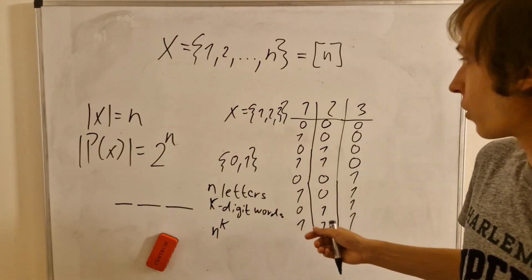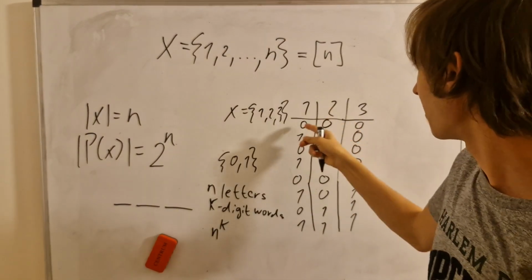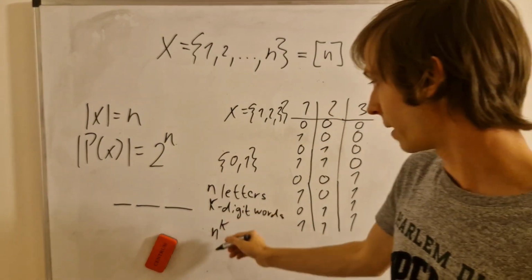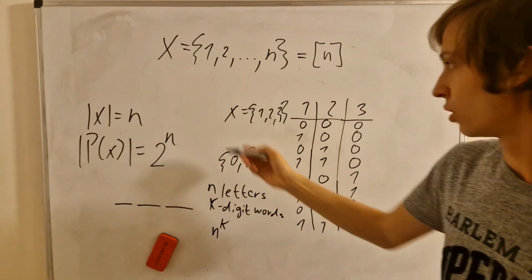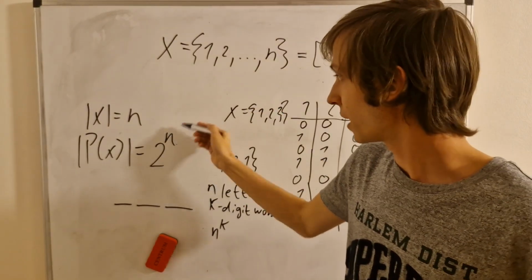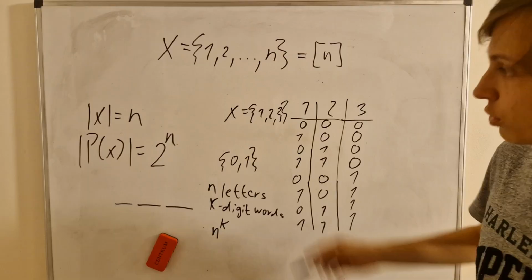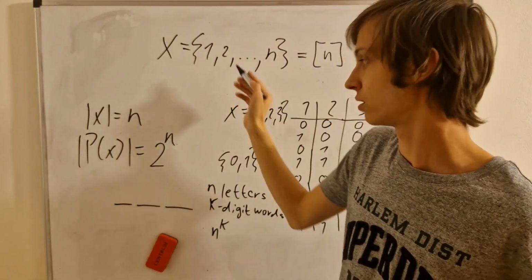And because we only have 2 letters here, either that element is not there or it is there, represented by the zeros and ones, therefore the base of this exponential term is always 2. And then the n comes directly from the amount of elements of the original set. So the amount of elements in the power set is 2 to the n.